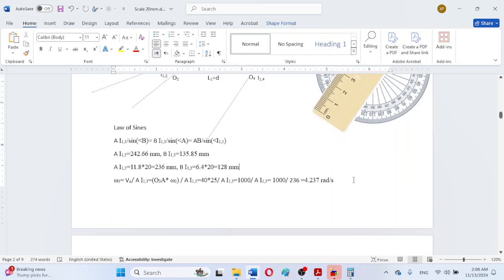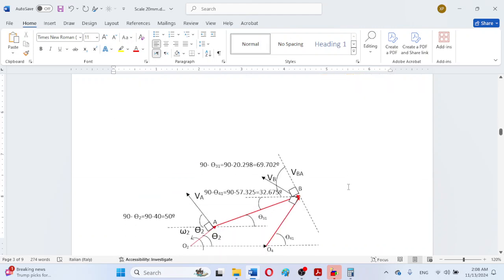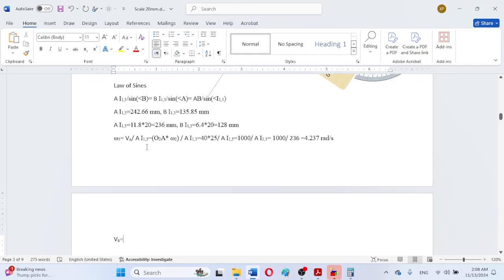As the angular velocity has been calculated, the magnitude of the velocity VB will be equal to omega 3 multiplied by the length B I comma 3.